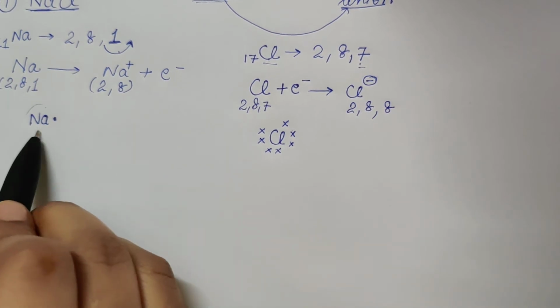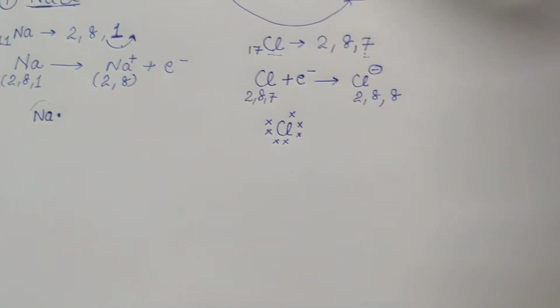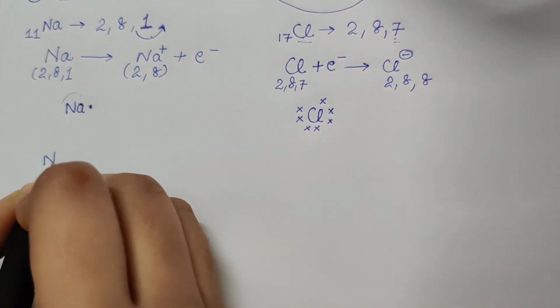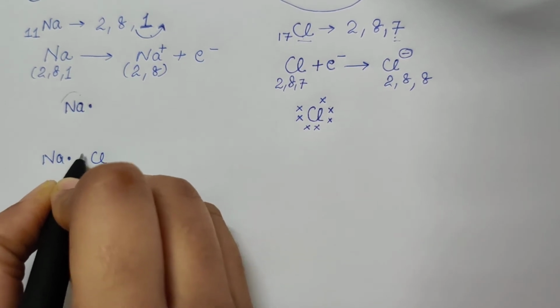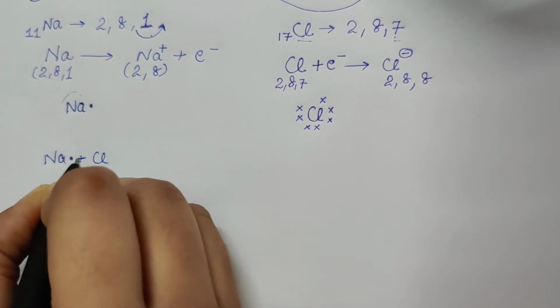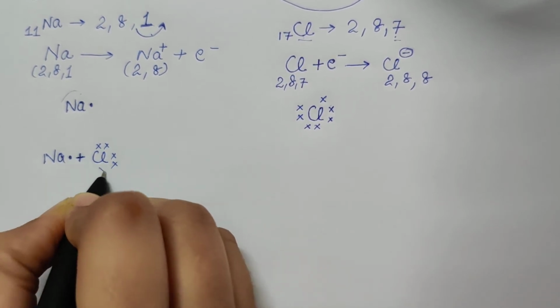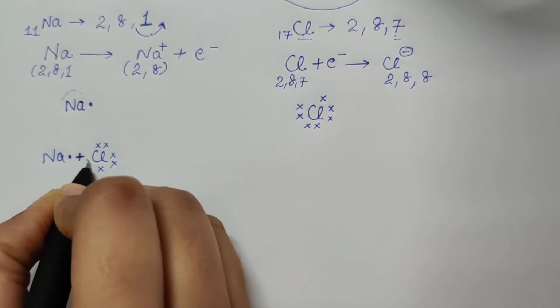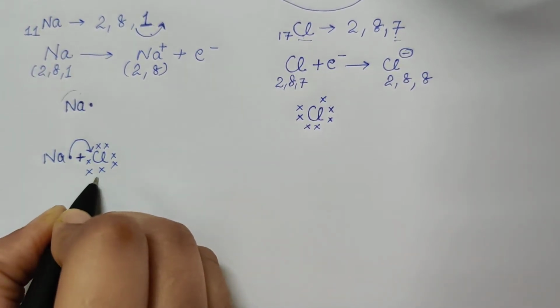Now let us show how there is a transfer of electron by the electron dot diagram. So sodium with 1 electron, and chlorine, you will put a plus sign here, then 1 2 3 4 5 6 7, and this electron is given by sodium to chlorine.